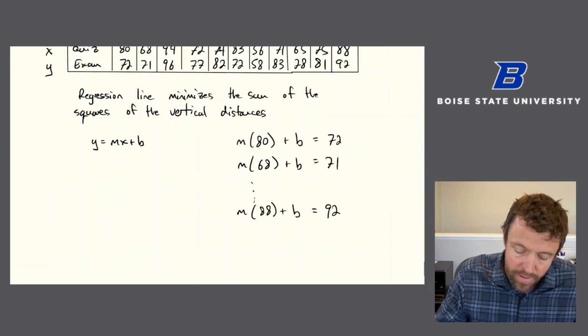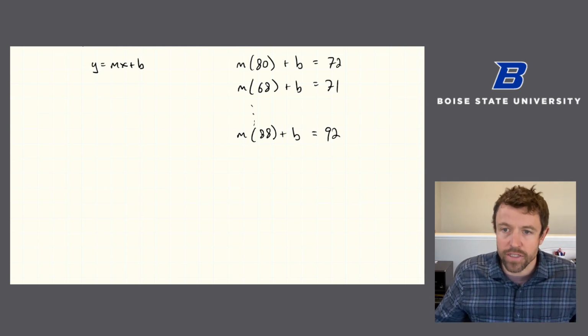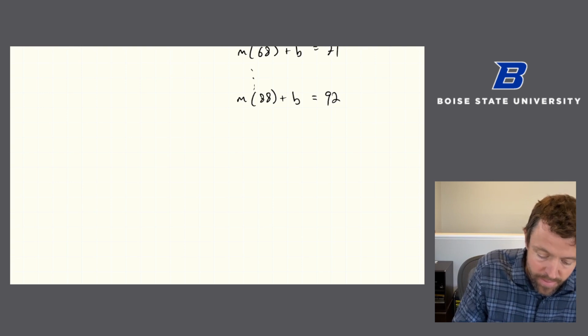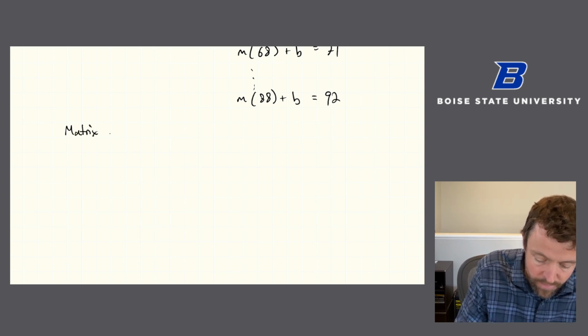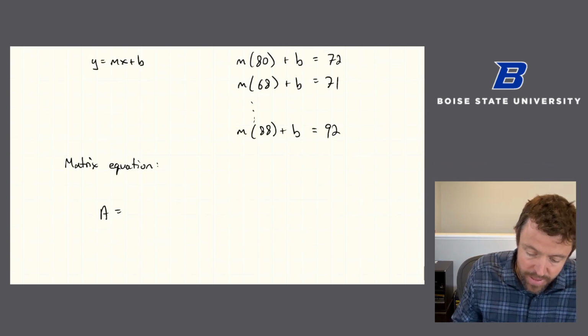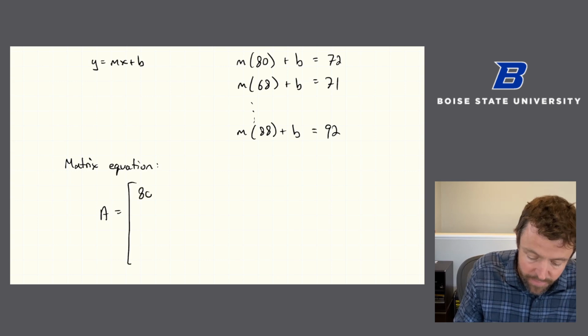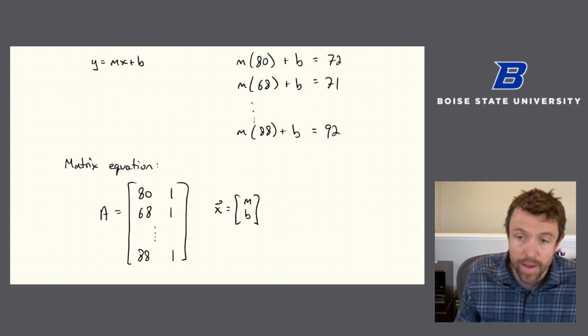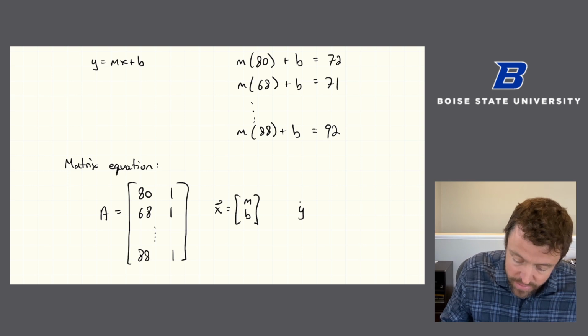Let's take it a step further. Let's go deep into the linear algebra. I'm going to write this as a matrix equation now, and I don't know why I scrolled so far down. I still want these numbers, but as matrices. I have this matrix A, which is going to consist of the coefficients or the values, and I have my vector of m and b, and then I also have my y values.